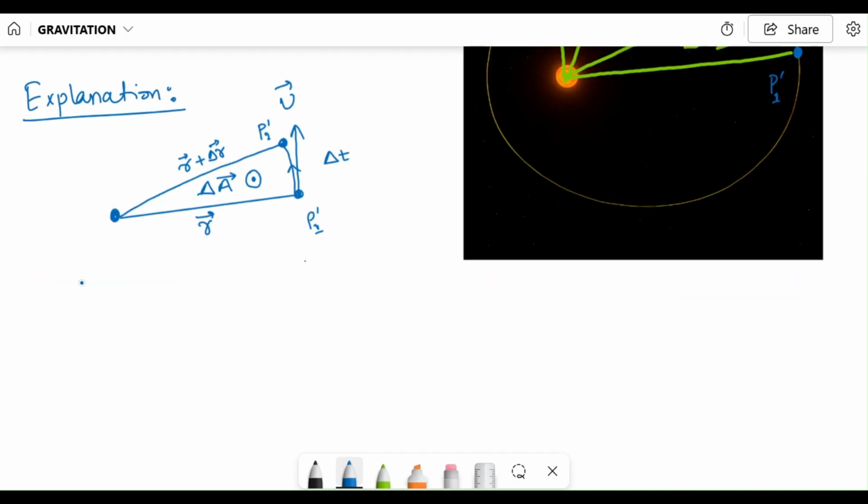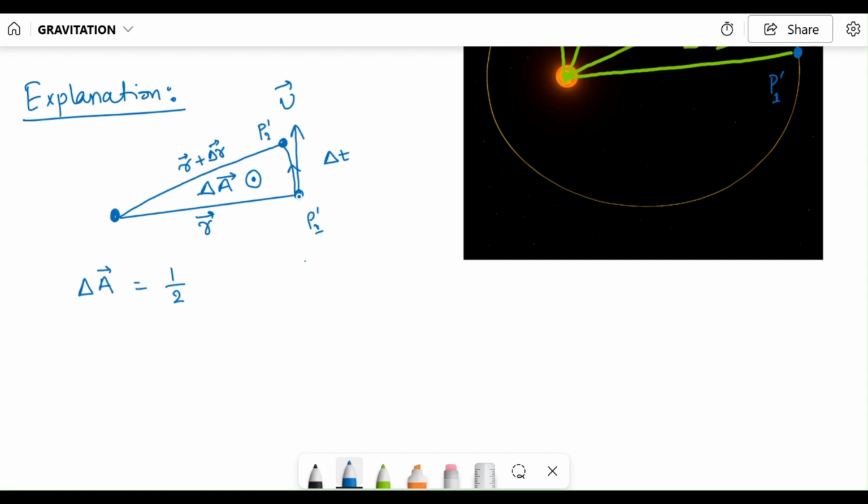Now we can express delta A equals 1 by 2. If this is a very short interval, we can consider this figure here as a triangle, a right angled triangle.